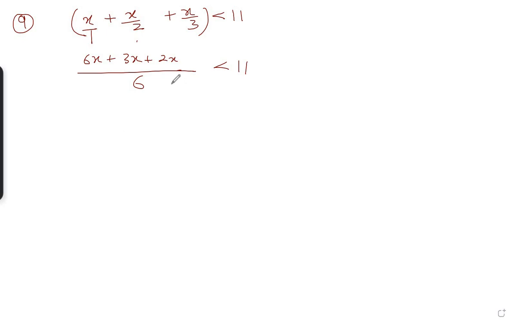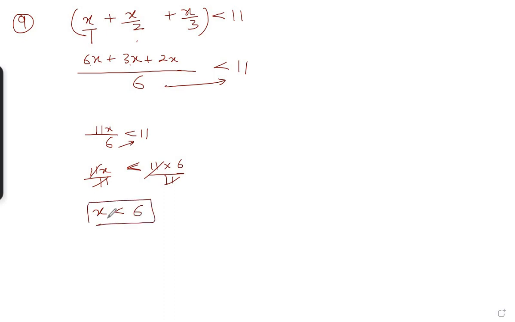So this 6 can go there. So 6 plus 3 is 9 plus 2 is 11x by 6 is less than 11. Correct? So this will go there. So 11x is less than 11 into 6. I can divide by 11 on both sides. So I am getting x is less than, this is cancelling, 6.